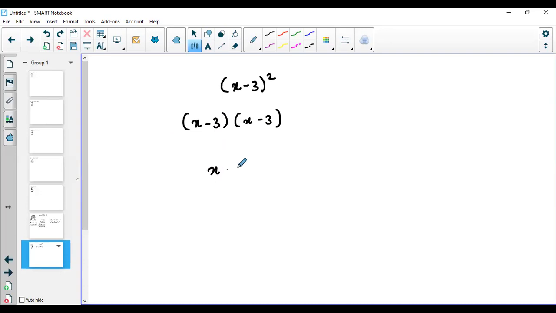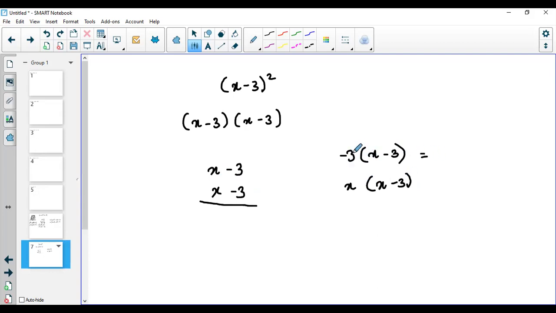I'm going to write x minus 3 and then x minus 3, and then I'm going to multiply them. So what am I going to do first? Of course, I'll multiply negative 3 with x minus 3, and then I will multiply x with x minus 3. Basically, it's the same, only the numbers and variables change.